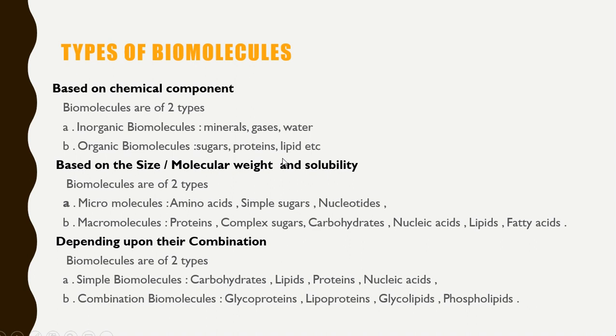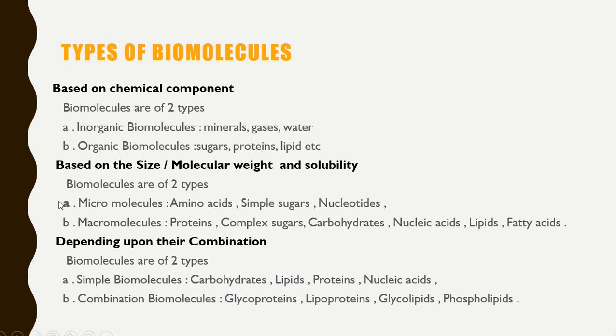Then the second classification is based on molecular weight, solubility or size. We have two types majorly, micromolecules and macromolecules. What do you mean by micromolecules? Micromolecules are small sized, simple biomolecules that possess very low molecular weight and higher solubility.